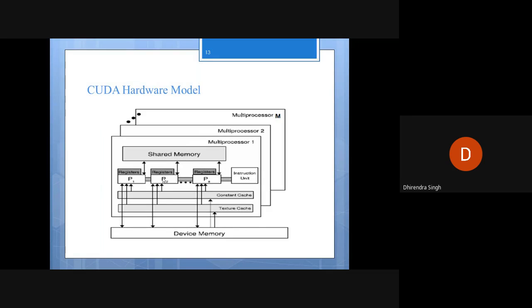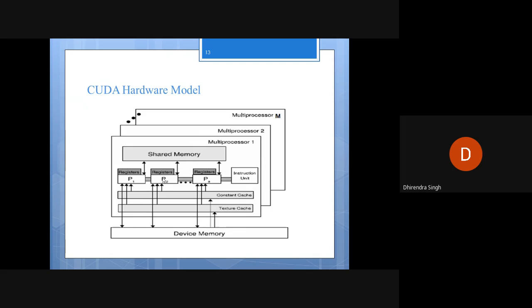Then there is a device memory. Whatever data we want to process with the help of these GPU cores should be available on the device memory.